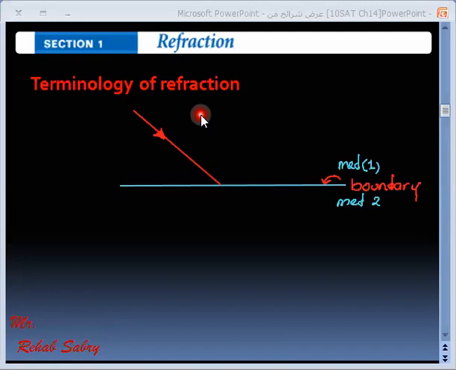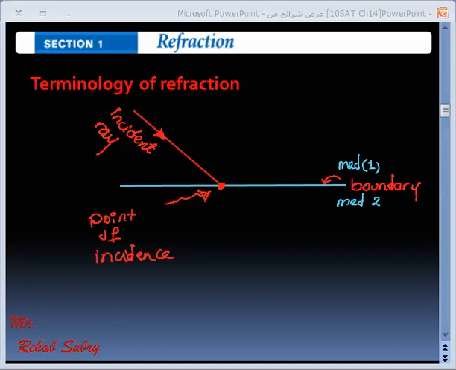So we call it the incidence ray. And the point where it falls or meets the boundary is called the point of incidence. The point of incidence.